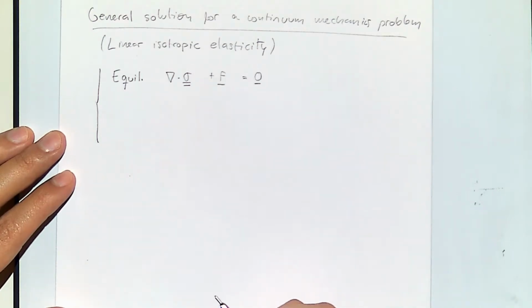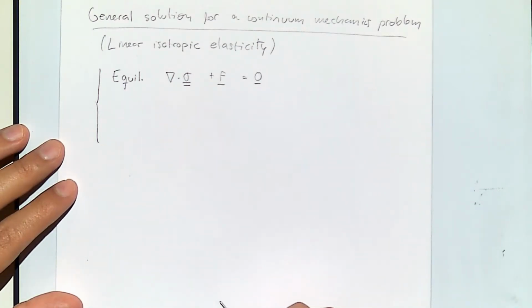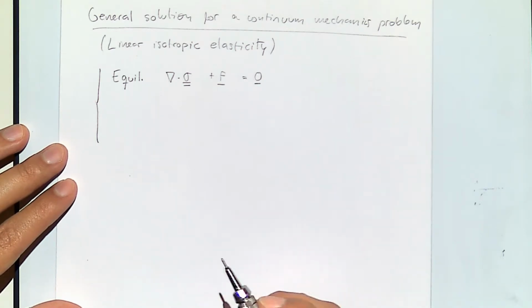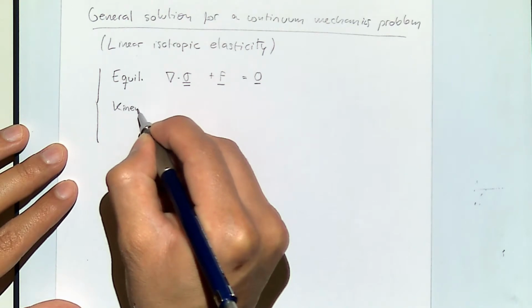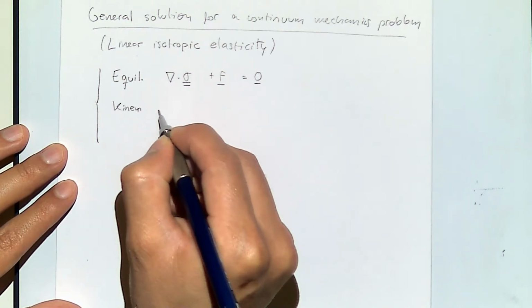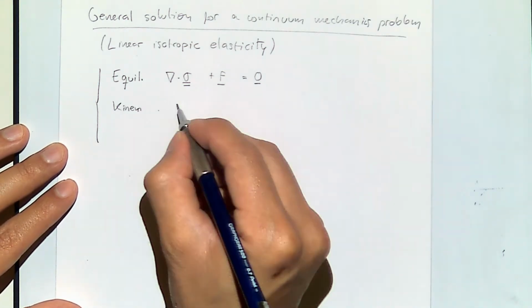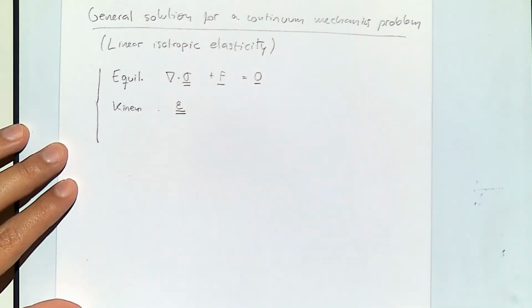Which was the second equation that we saw? Kinematic, very well. And the kinematic equation allows you to compute strains as a function of displacements.